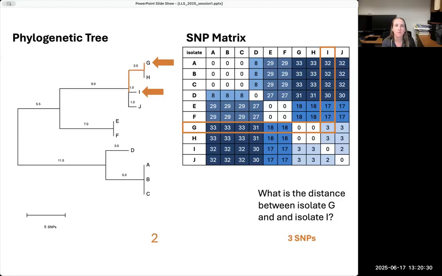And then we go down, and we follow this branch, and it is 1 SNP in length. So to get to I, it took 2 plus 1, which is 3. So it's going to be 3 SNPs. We got the same result from both.